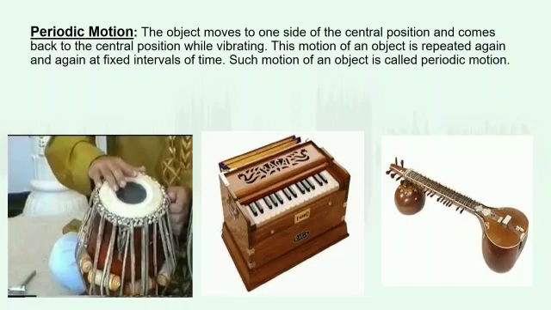For example, when the string of a musical instrument such as a tanpura is plucked, the string can be seen to vibrate, but the two ends of the vibrating string are still. As it vibrates, the string moves to one side of the central position and comes back to the central position. This motion of the string is repeated again and again at fixed intervals of time.